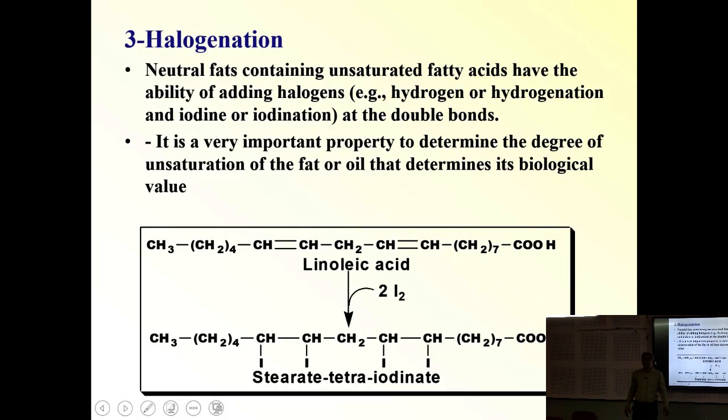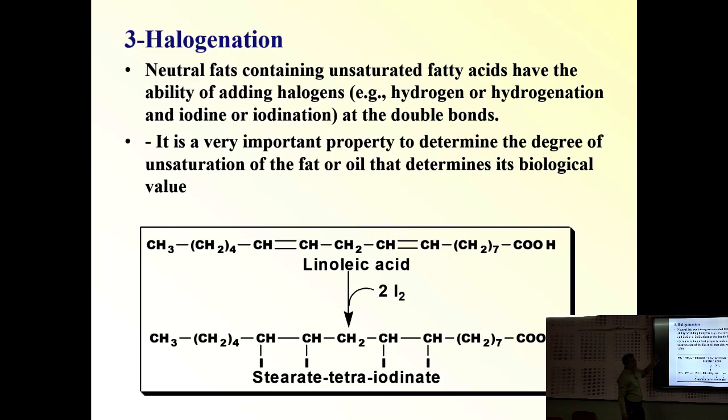Now halogenation. Halogenation means neutral fat containing unsaturated fatty acids has the ability to add halogens. What are the halogens? Hydrogen or hydrogenation, iodine or iodination at the double bond system. It is attached there. It is a very important property to determine the degree of unsaturation.